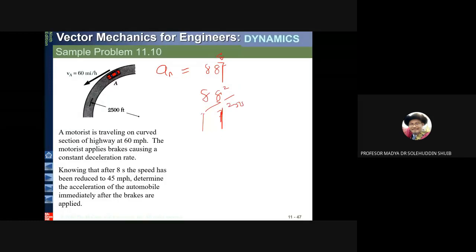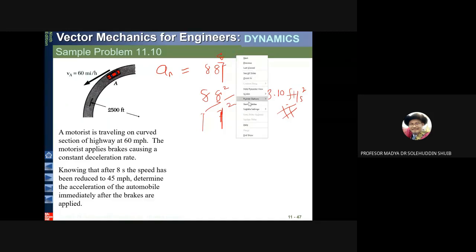So you get 3.10 feet per second square. We have done the second part. This is the normal acceleration, 88 square divided by 2500 feet, so you get 3.10 feet per second square.